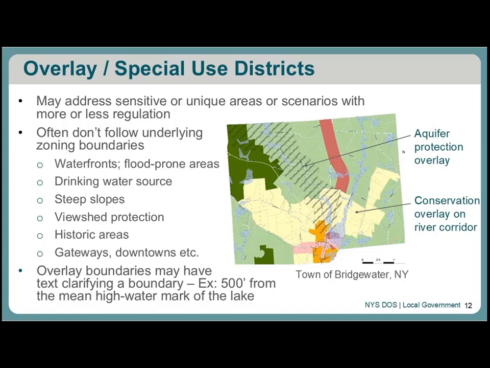Or it could be a smaller area than your zoning districts. That's where we see things like gateways or downtowns or a historic area. And the overlay might add additional standards, or it might open additional opportunities for development in those places.